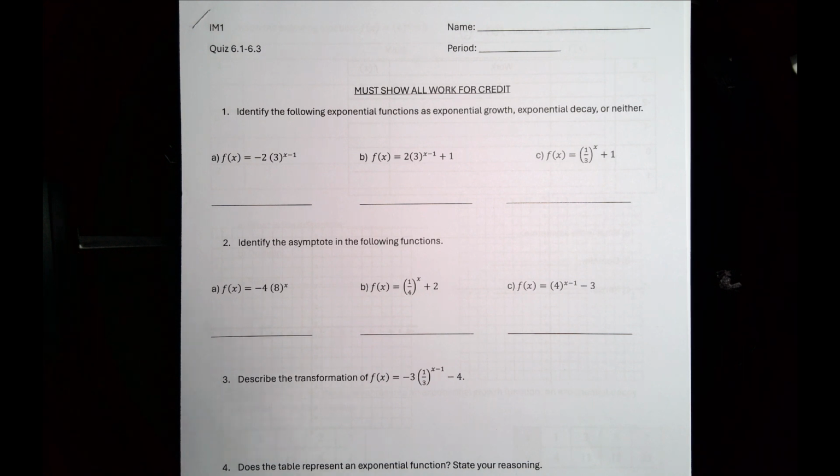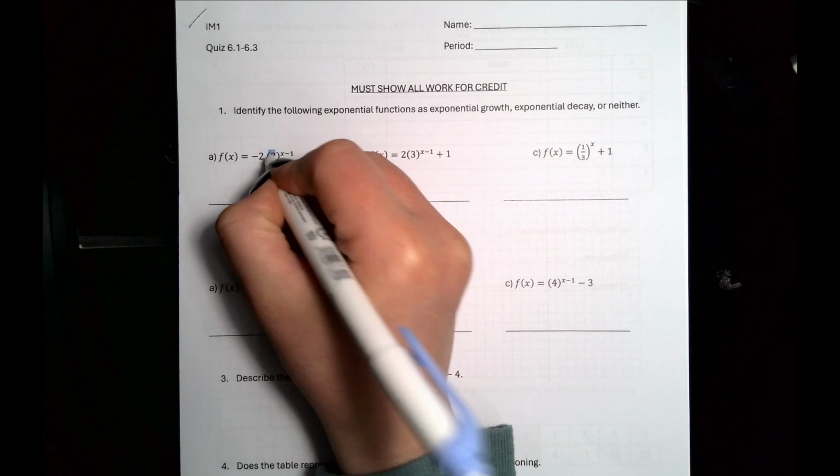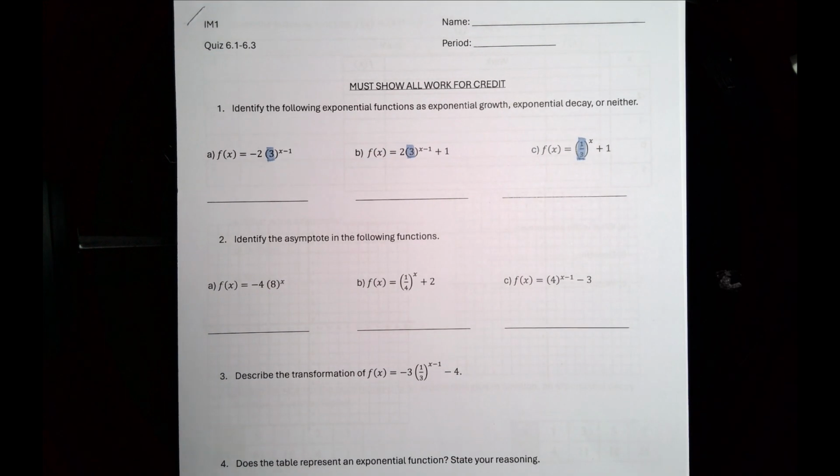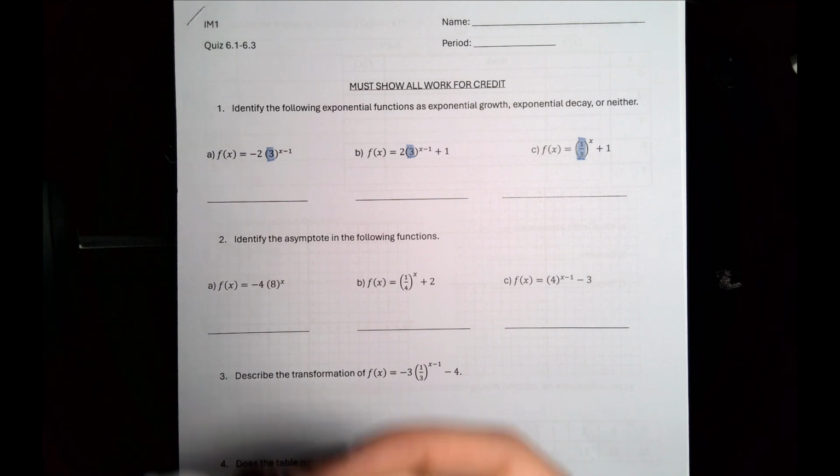Question number 1: identify the following exponential functions as exponential growth, exponential decay, or neither. When you are asked for growth, decay, or neither, you're going to take a look at this B value, and then take a look at your A value.